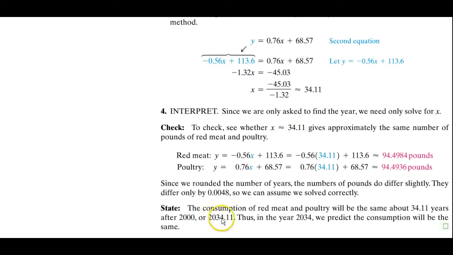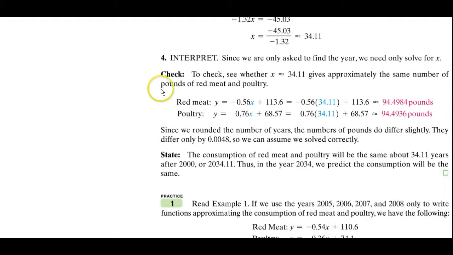Well, it would be 2034. So sometime within that year, we can predict that the consumption of red meat will be the same as the consumption of poultry. And this has to do with health. Most people seem to think poultry is a healthier food than red meat. But we'll let you discuss that in health class.